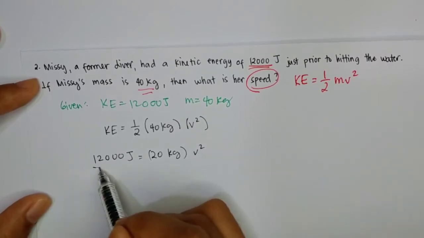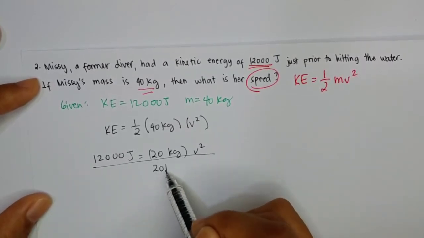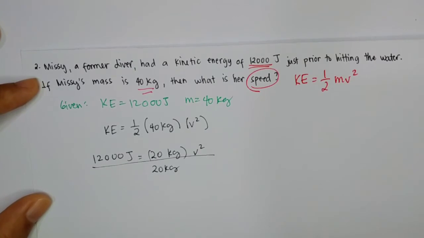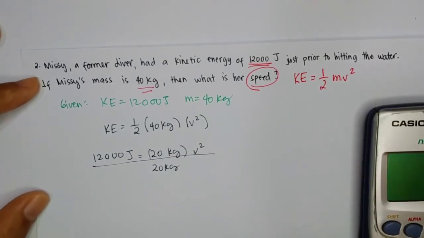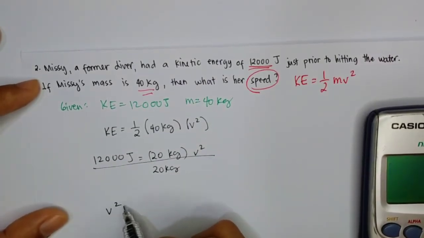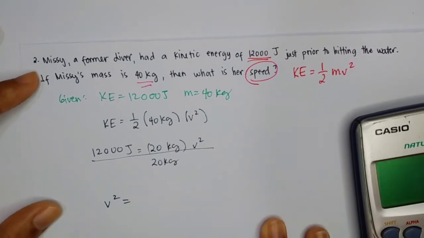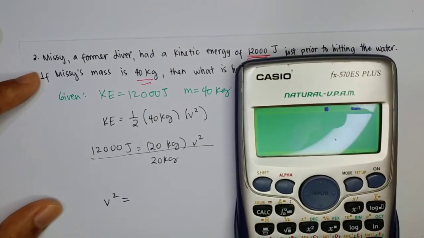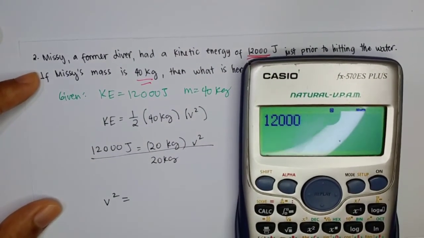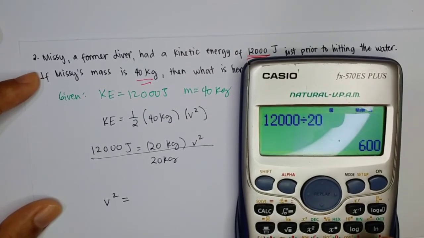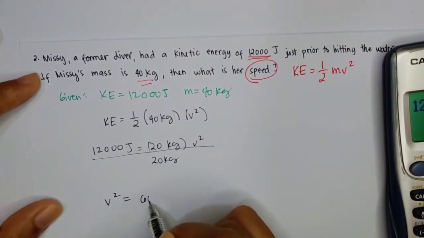So, divide natin ito by 20 kilogram. Ang matira na lang is v squared will be equal to 12,000 divided by 20. So, this is 600.